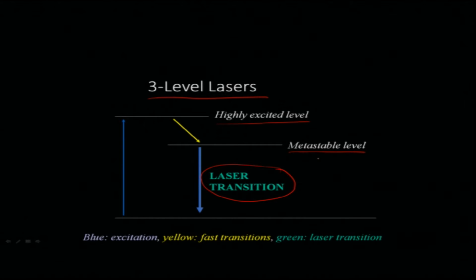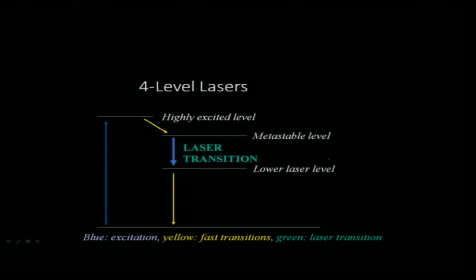So, by involving more than 2 states, this can be looked at. You can also have a 4 level system, for example, where the highly excited state comes to the metastable state as before, and then there can be another lower laser level, which is not exactly the state from where you started the whole process.